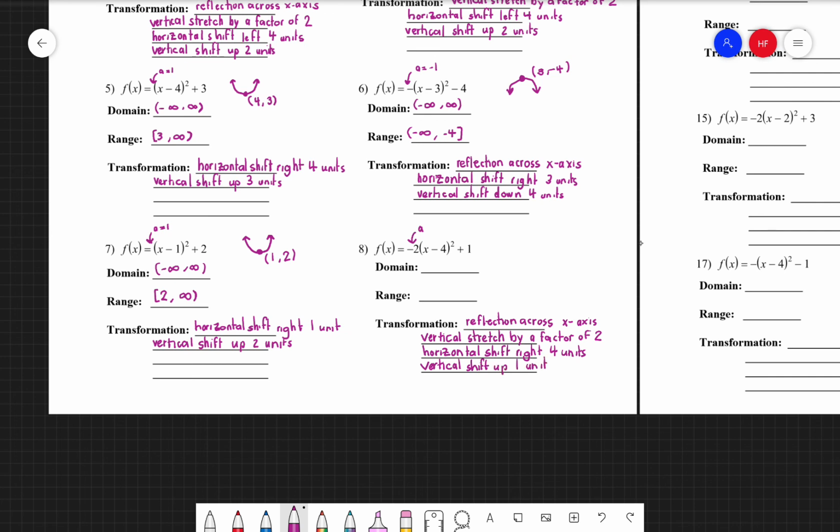So this is a negative parabola, negative quadratic, so it is facing downward. We move to the right, so positive 4, and then plus 1. So 4, 1 is my new vertex. Domain won't change. Since this is facing downward, I have a maximum value of 1. Maximums go on the right, and then we're headed toward negative infinity.